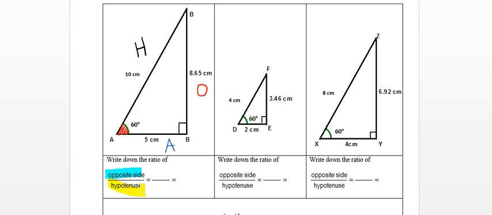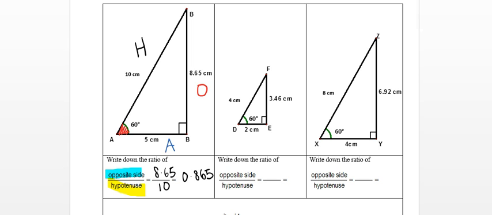Fill in the values and find the ratio for this pair. We have the opposite as 8.65, the hypotenuse as 10, giving us a value of 0.865. Can you fill in the values for the other triangles?